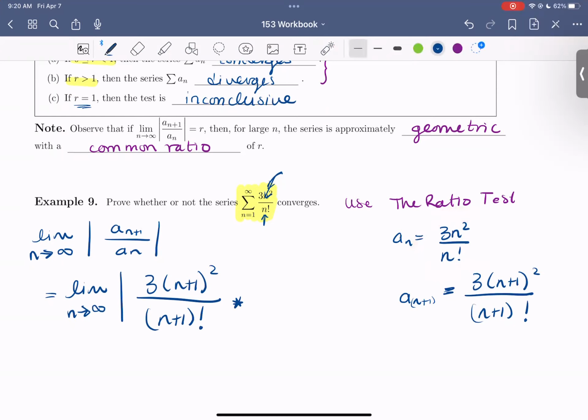I'll use a different color here just to make it clear. The eraser keeps on coming out at me. Okay, here we go. So then n factorial over 3n squared. And again, I'm just multiplying by the reciprocal of our a_n term. Okay, so let's factor this out a little bit to see what is happening here.